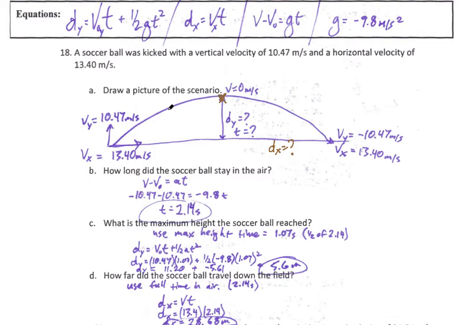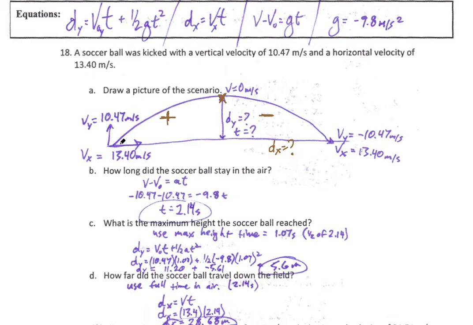And the reason that that's true, and we've talked about this in class a number of times now, you're probably sick of me saying it, is because in order for something to go up, it's in the positive direction. When something comes back down, it's in the negative direction. Remember, with velocity, we're not talking about positive like speeding up and negative slowing down. That's far from it. Positive is just one direction, negative is the opposite direction.